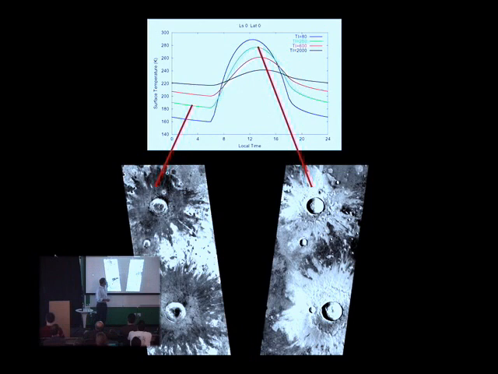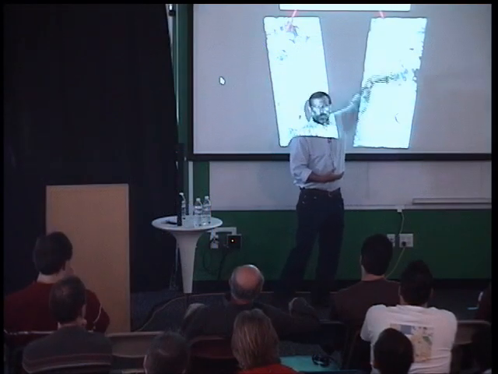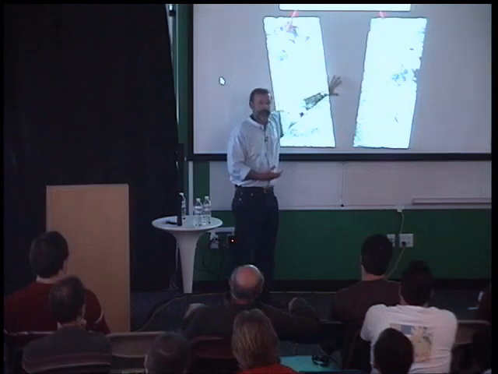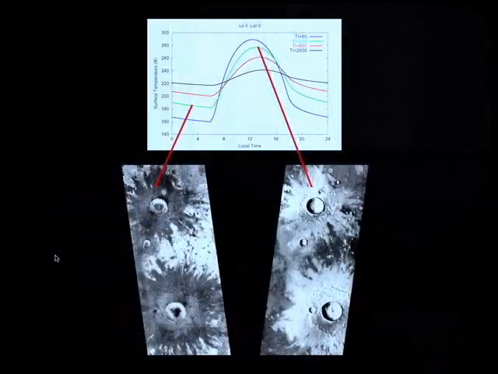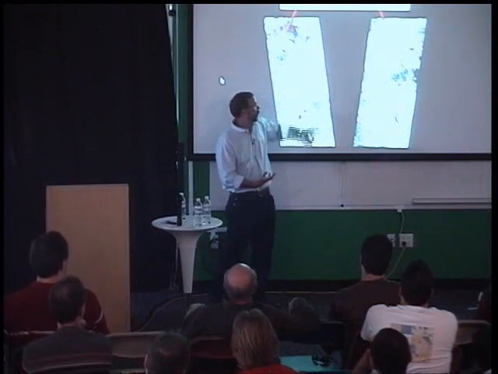So for example, here's a place on Mars that here it's very warm at night, okay? And here it's relatively cool during the day. We can go into these thermal models, measure those temperatures, and say, okay, this is actually bedrock. This is pure solid rock sitting on the surface of Mars.